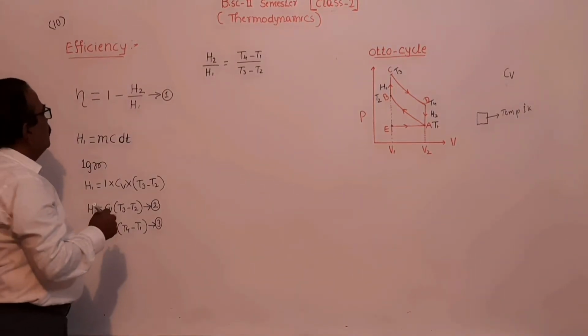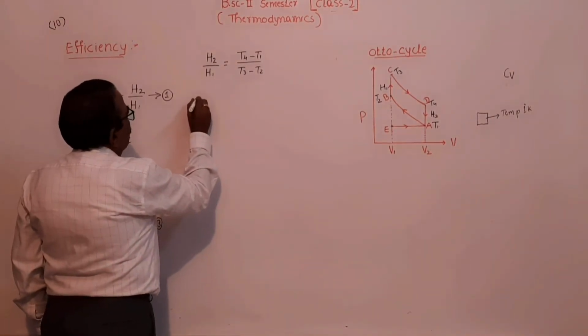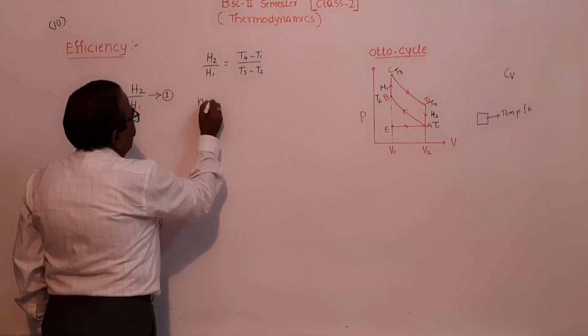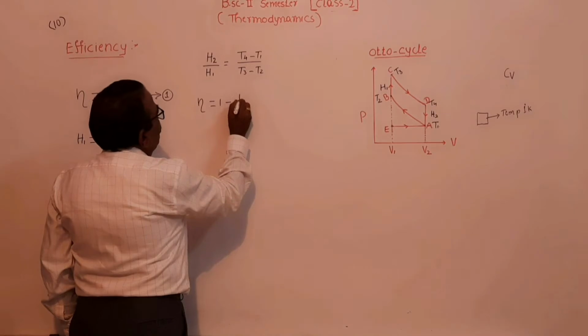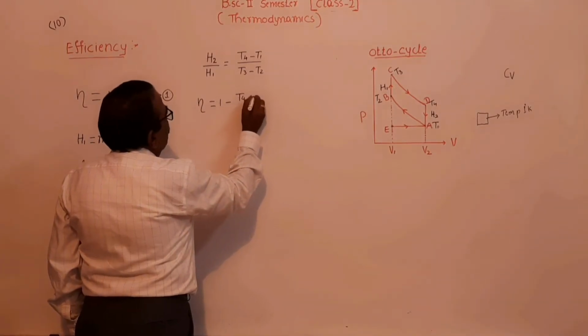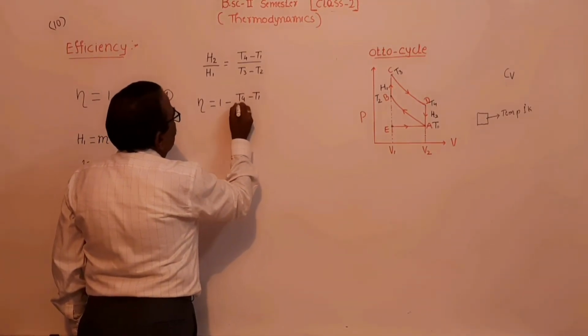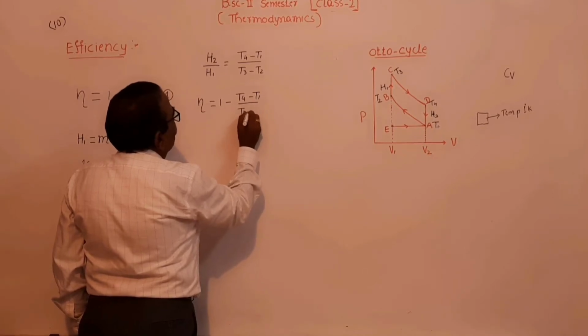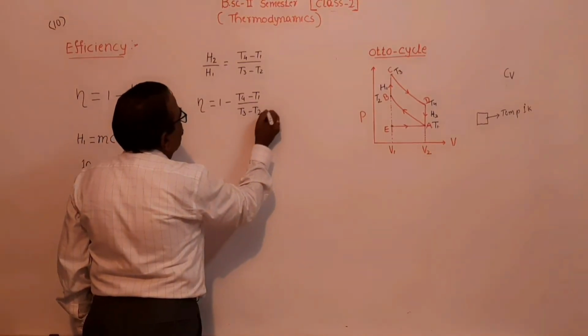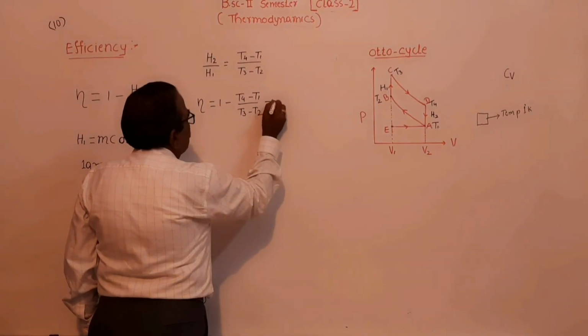Then substituting in equation 1, eta is equal to 1 minus T4 minus T1 upon T3 minus T2. Call this equation 4.